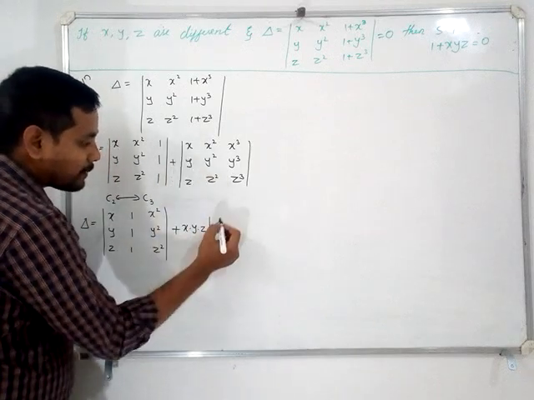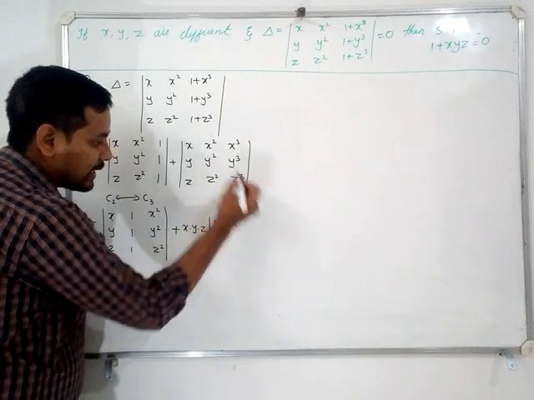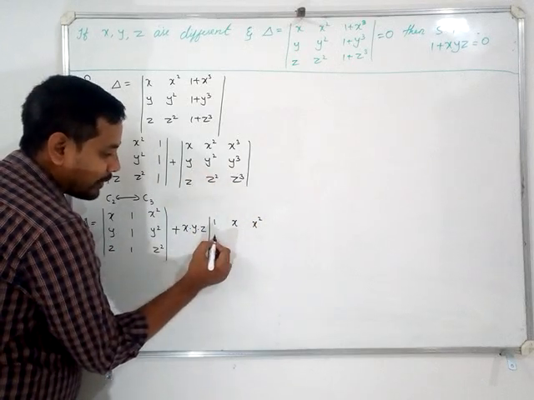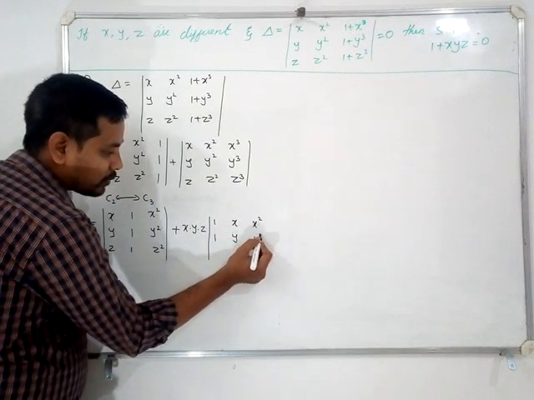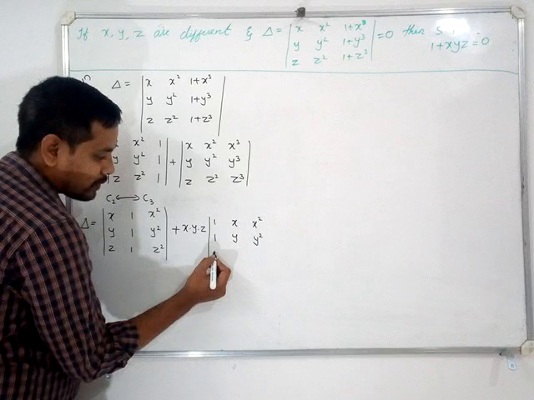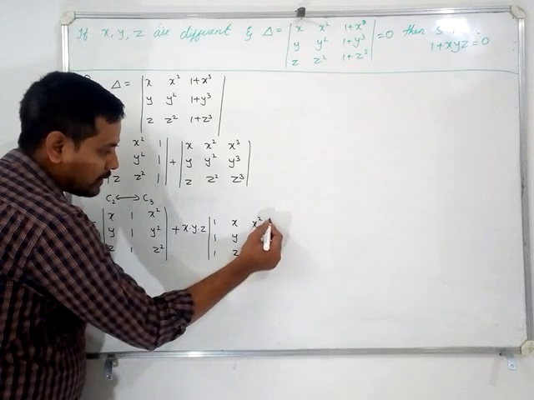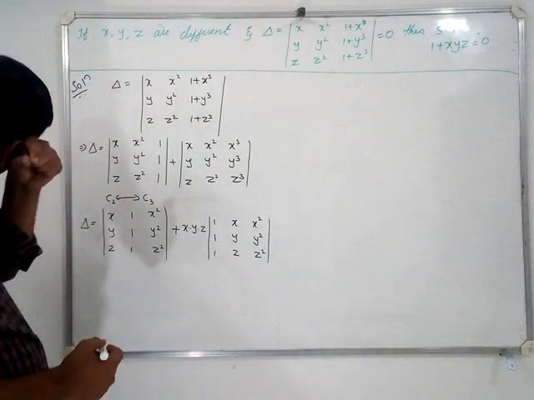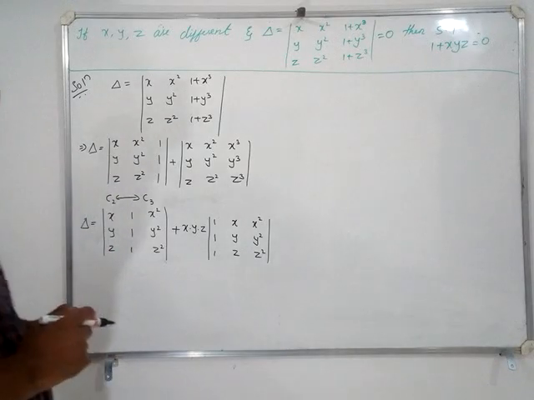If x comes out, x square becomes x, x cube becomes x square; y becomes 1, y square becomes y, y cube becomes y square; z becomes 1, z square becomes z, z cube becomes z square. Okay, fine. So now I have applied this property, C2 changes to C3.